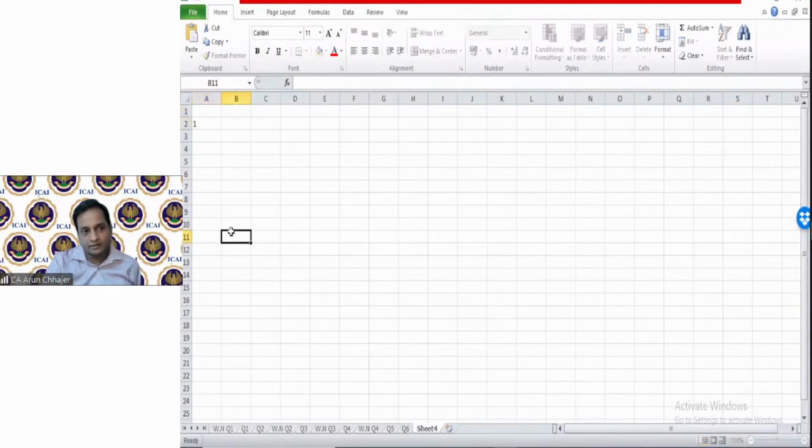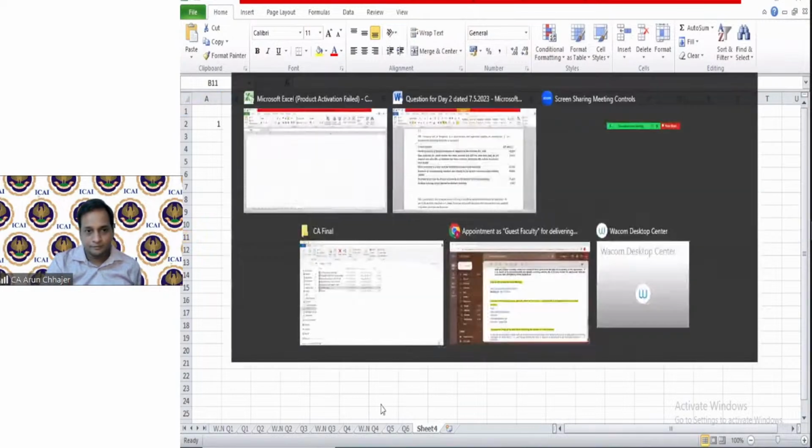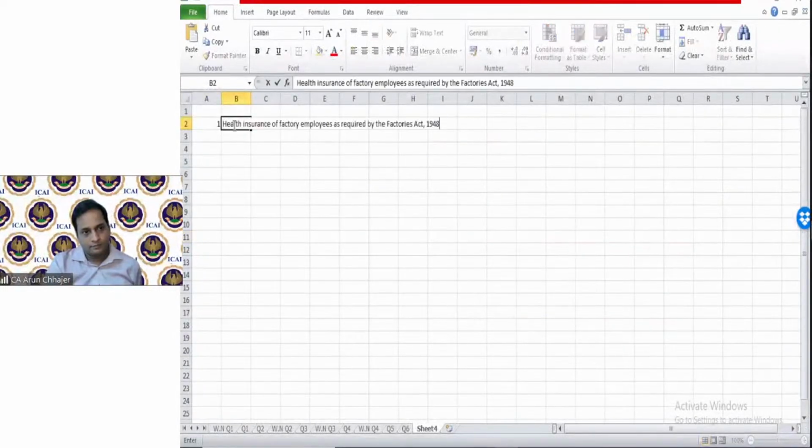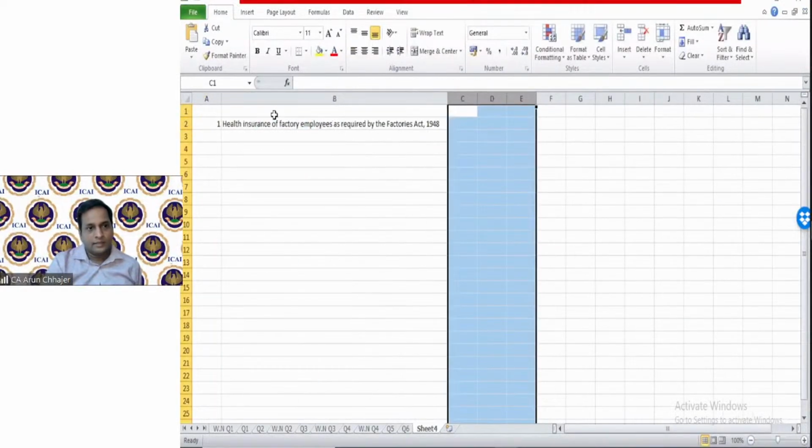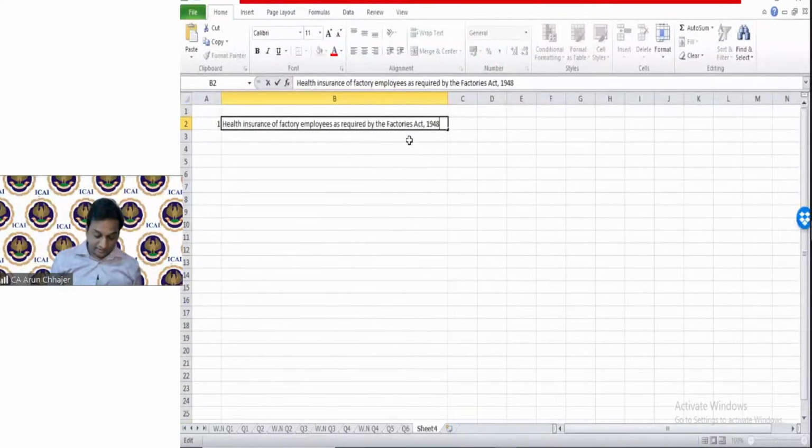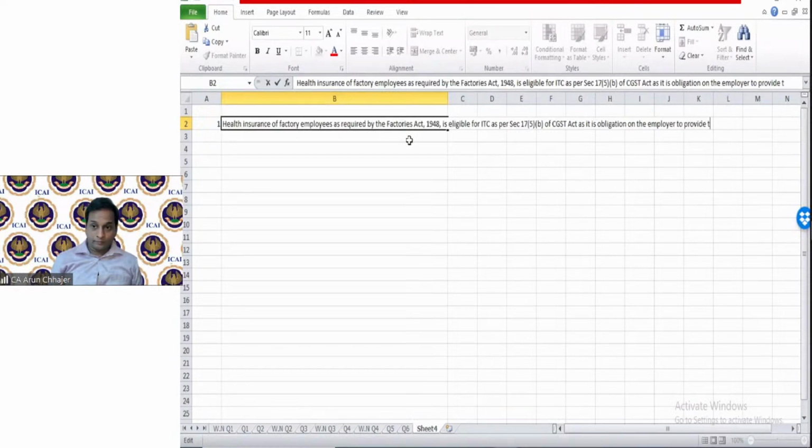We can also write the comment: health insurance of the factory employees, as required, is eligible for ITC as per section 17 subsection 5 clause B, as it is an obligation on the employer to provide to its employees as per law.